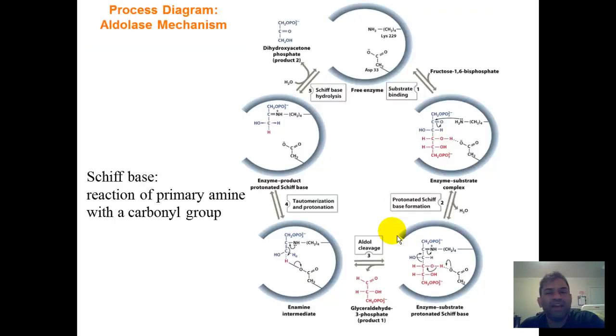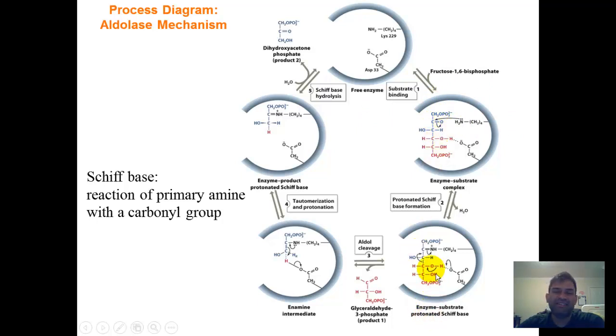Right, so the enzymatic reaction here in terms of mechanism has to do with the Schiff base intermediate. So this Schiff base here is really, from an organic chemistry perspective, a reaction of a primary amine with a carbonyl group. So here the primary amine is given by the lysine active site residue. It's going to react with the carbonyl group of fructose 1,6-bisphosphate.